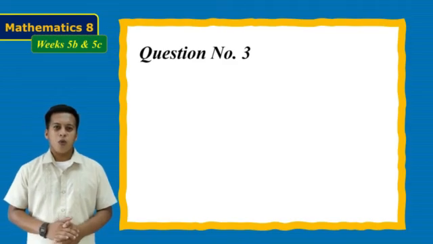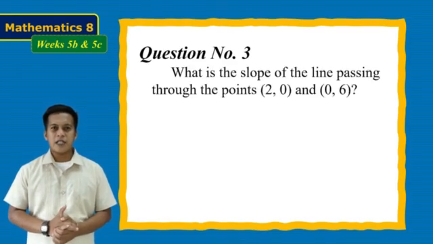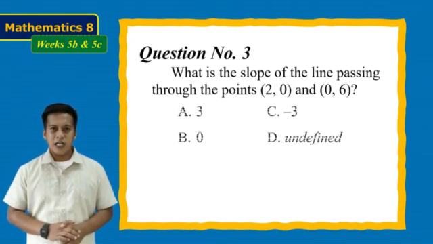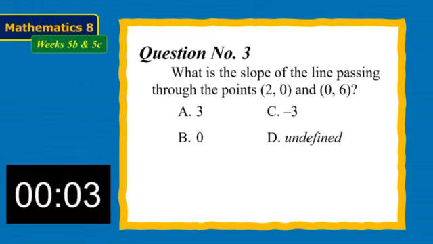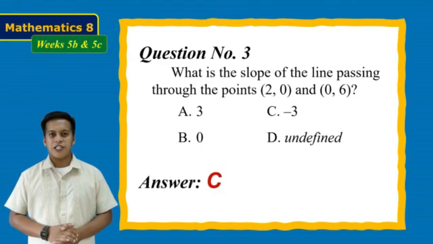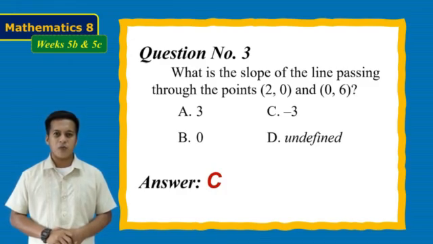Question number 3. What is the slope of the line passing through the points 2, 0 and 0, 6? A, 3. B, 0. C, negative 3. And letter D, undefined. Your time starts now. The answer is letter C, because m is equal to y sub 2 minus y sub 1 over x sub 2 minus x sub 1.